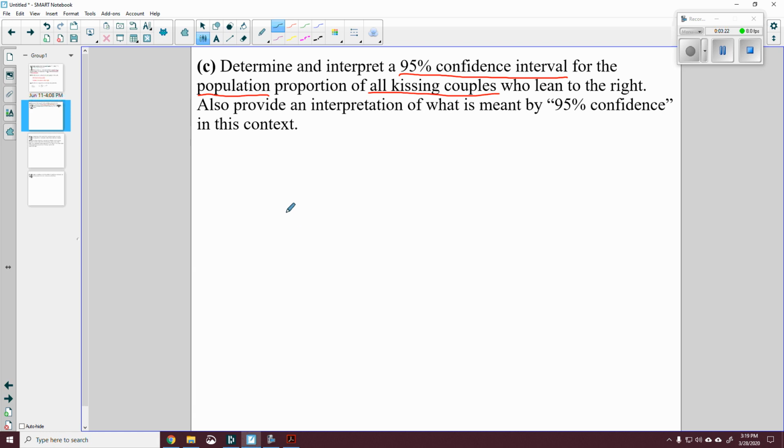Because I would like to know, if I went out and got hundreds of thousands of samples of 124 kissing couples, so I got 124 kissing couples and found the proportion for that group that turned their heads to the right, and then I went out and got another 124 couples and got the proportion of how many of them turned their heads to the right, and I put all of those proportions together, would that give me a normal distribution?